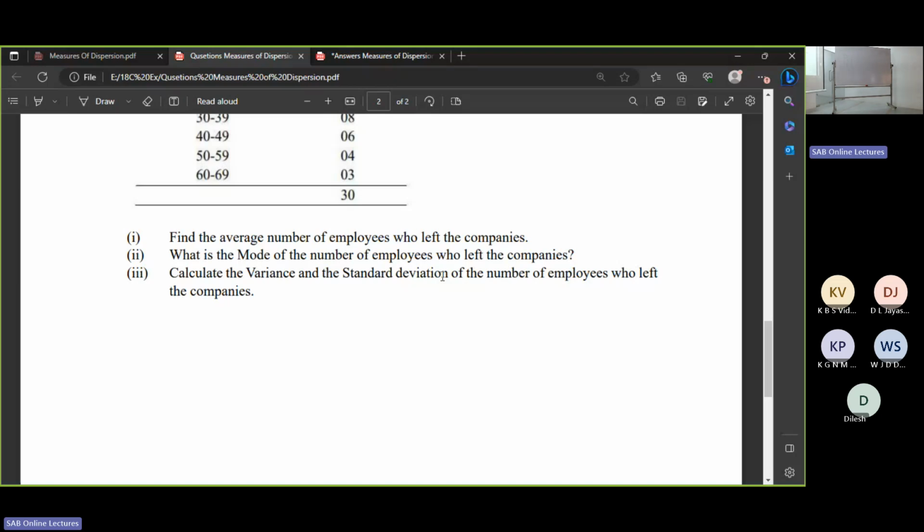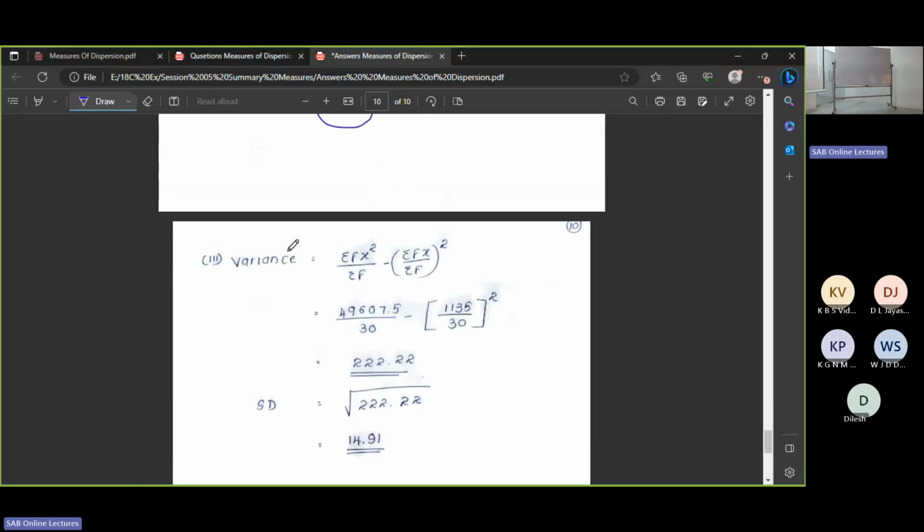First we calculate it manually. This is the formula we can use to find the variance of grouped data: sigma fx squared divided by sigma f, minus sigma fx over sigma f, squared.